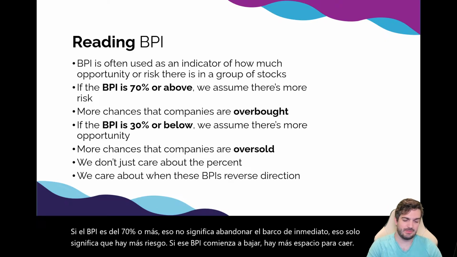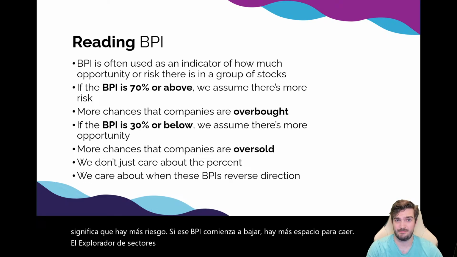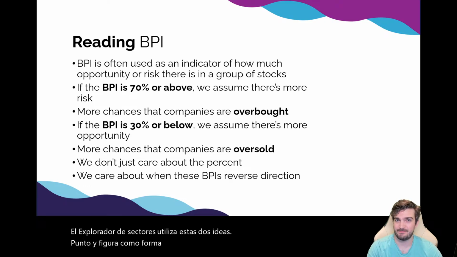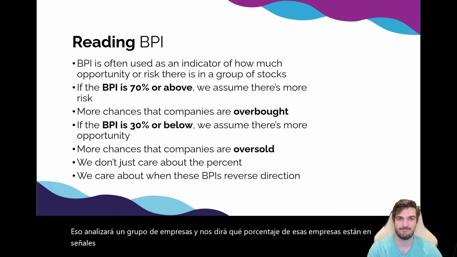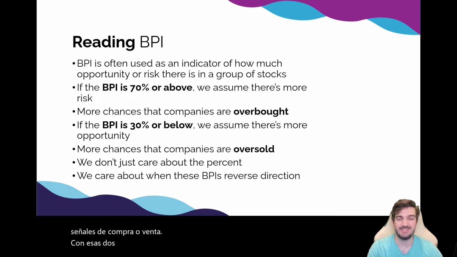The Sector Explorer uses these two ideas. Point and figure as a way of looking at price, and then BPI that will look at a group of companies and tell us what percent of those companies are on buy signals or sell signals. With those two basic ideas covered, we're ready to dive into the Sector Explorer.